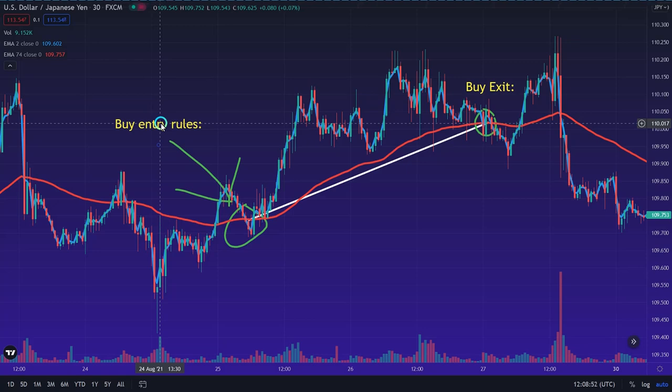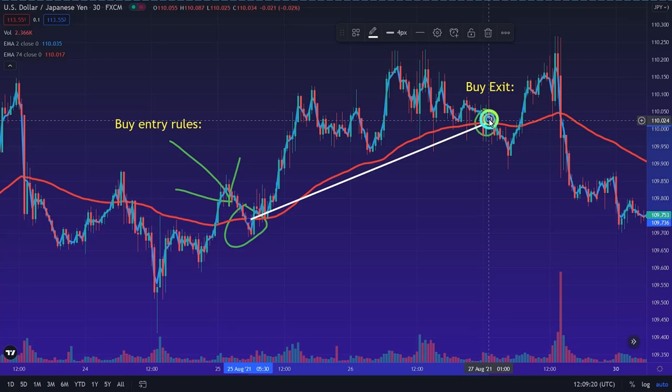So this strategy is all tested, and every aspect of it, and these example trades that I will show you for buy entry, buy exit, sell entry and sell exit rules are not just some things that I drew to the chart because I could draw of course more beautiful trades, but that's not how life works. These are real trades that were shown by the algorithm that I tested with.